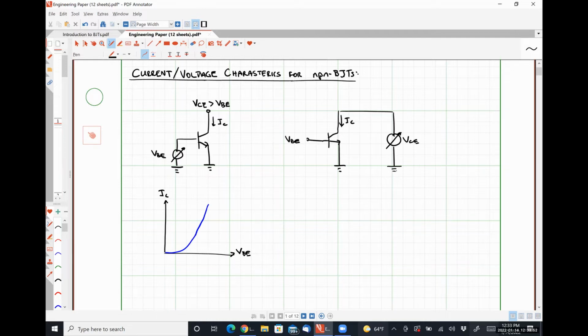Let me explain what I mean by that. So here's our collector current, IC. Here is the quantity VCE. And let's do the first one here in red.